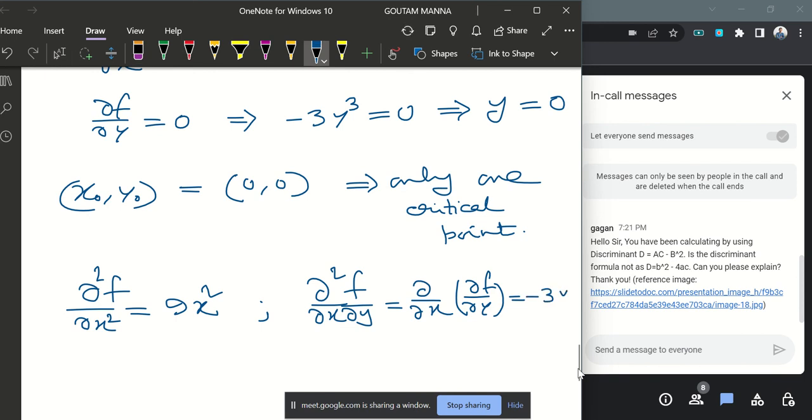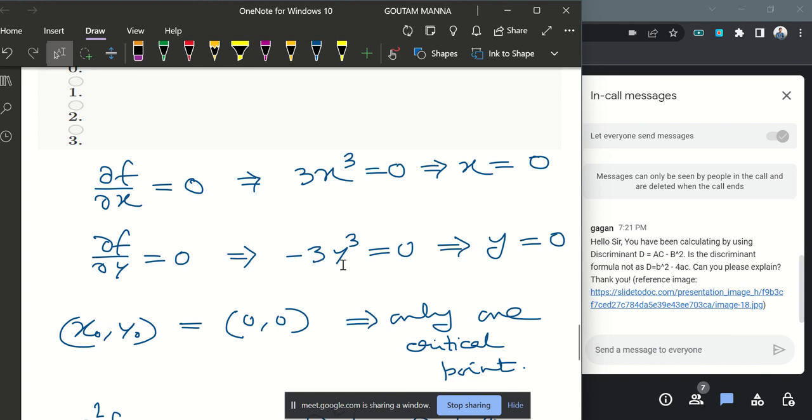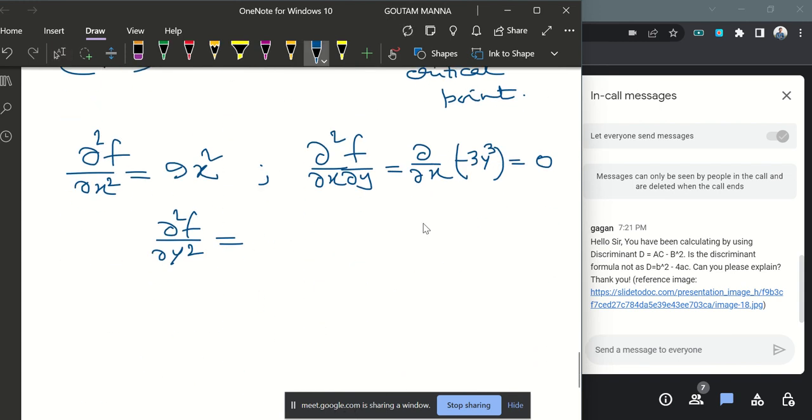so let's write it. So del f del y is minus 3y cube, and if you take del x of it, it will be 0, and del 2f del y2, so del f del y is minus 3y cube, so it will be minus 9y square.